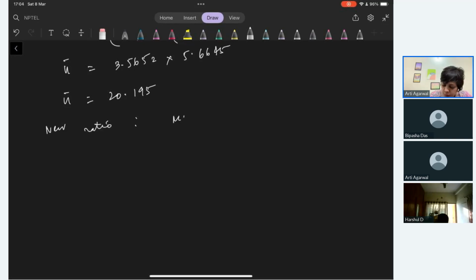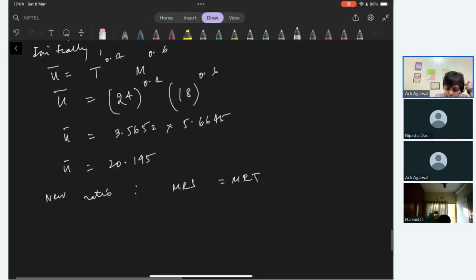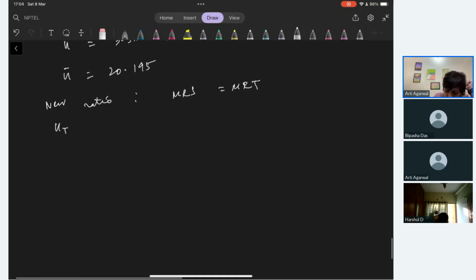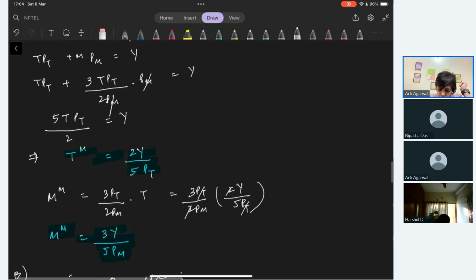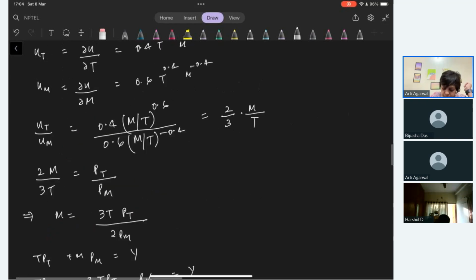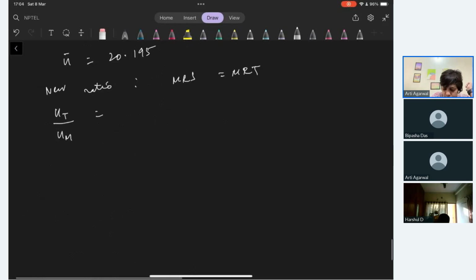And we know the new ratio, MRS is equal to MRT. So let's write the whole thing. The expression for MRS will be the same: UT by UM. What did we get before? 2M by 3T.